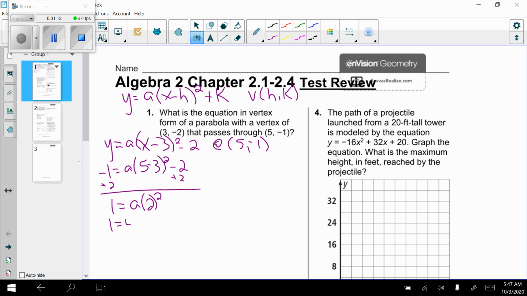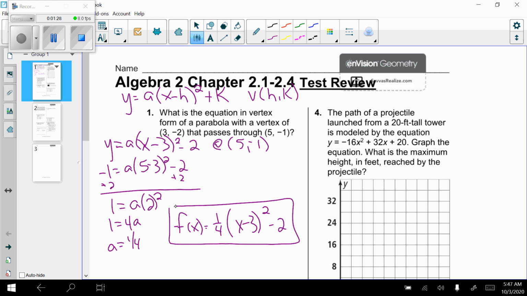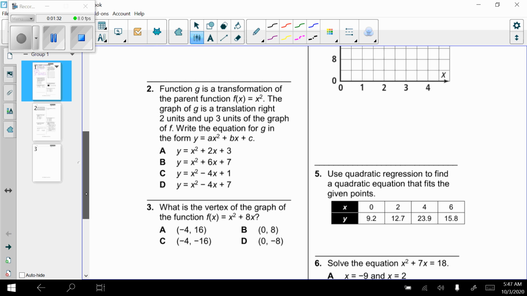So I get 1 equals 4a, divide by 4, a equals 1/4. So my equation in vertex form, f of x equals 1/4 times (x minus 3) squared minus 2. There's our vertex form.